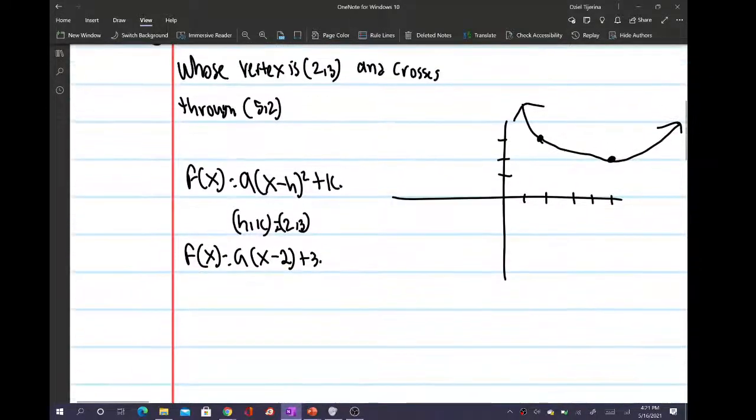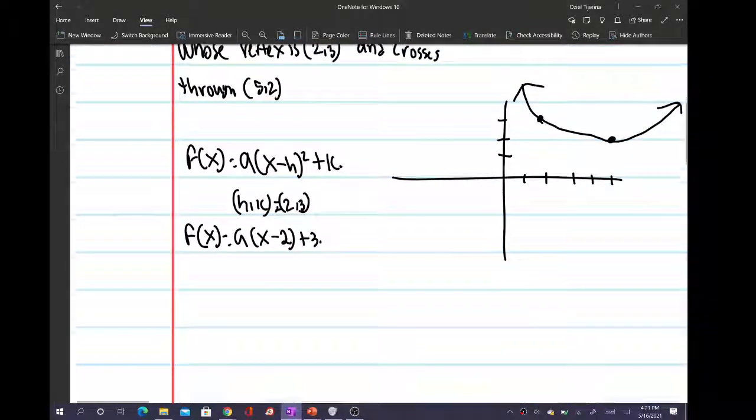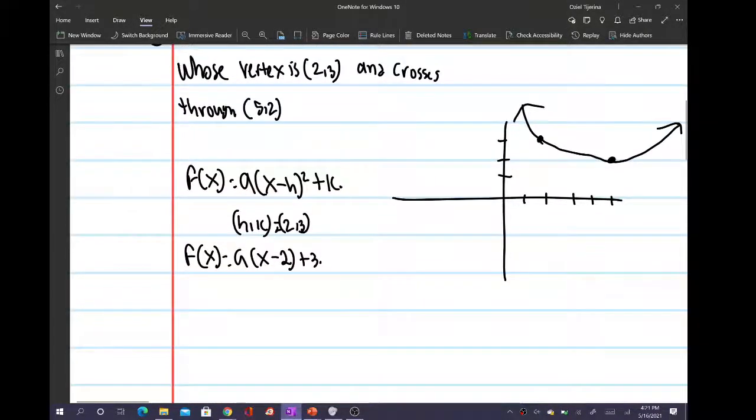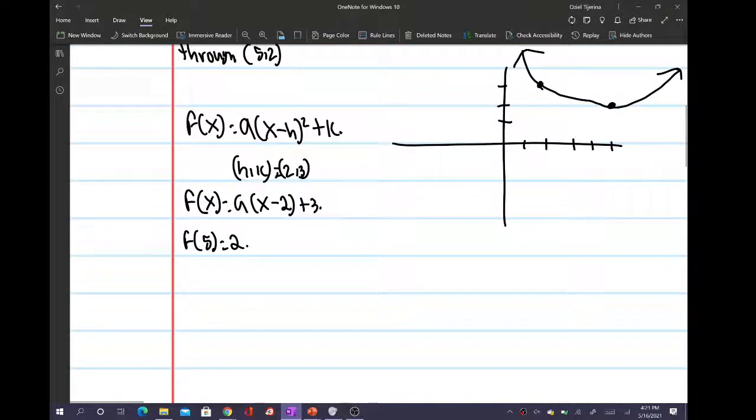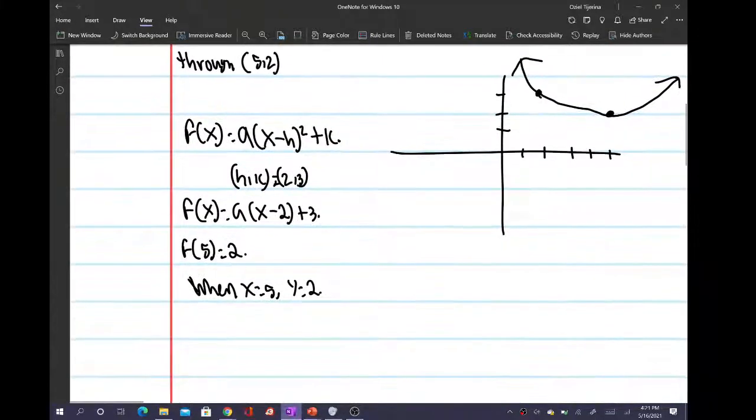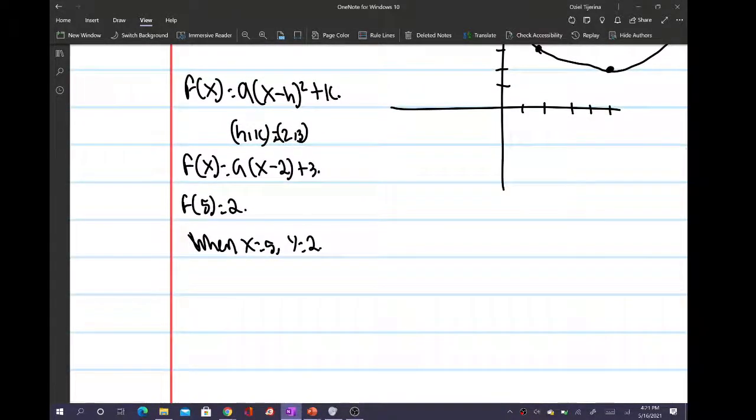The way that we do this is, because we know that f of 5 is 2, that means that when x equals 5, y equals 2.